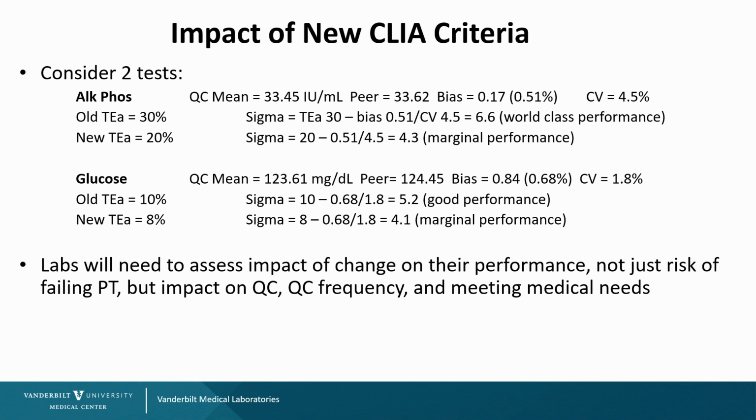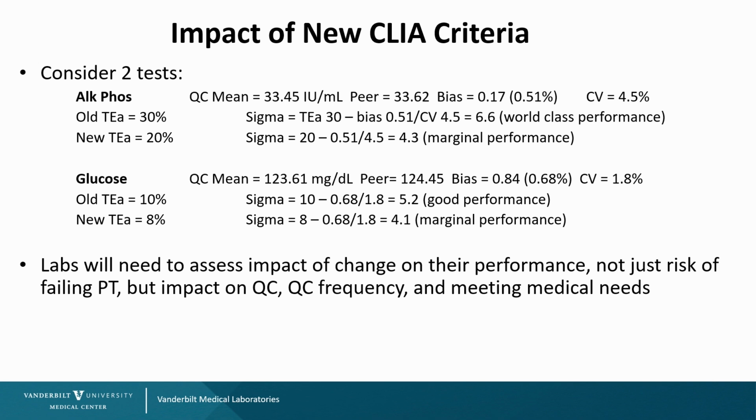Our CV, or imprecision, with this control at this level, is 4.5%. So let's plug this into that sigma equation. We calculate world-class performance at 30% total allowable error, 6.6 sigma. However, with the tighter limit, lowering that total allowable error to 20%, we're now estimating our performance as marginal.